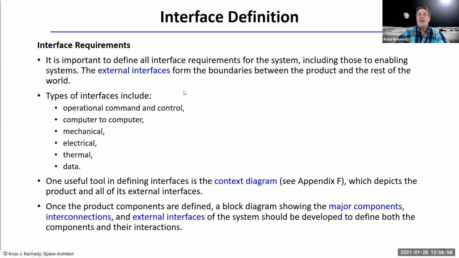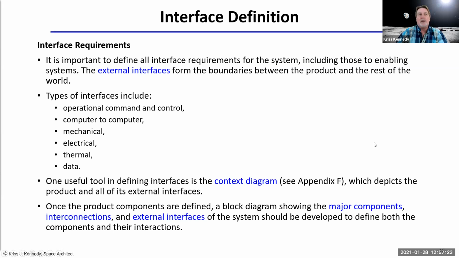It is important to define all interface requirements for the system, including those enabling the system. So including external interfaces, the boundaries between the product and the rest of the world. You also have internal interfaces that could be within a habitat as well as the external interfaces. And it's important to walk through and think of them.